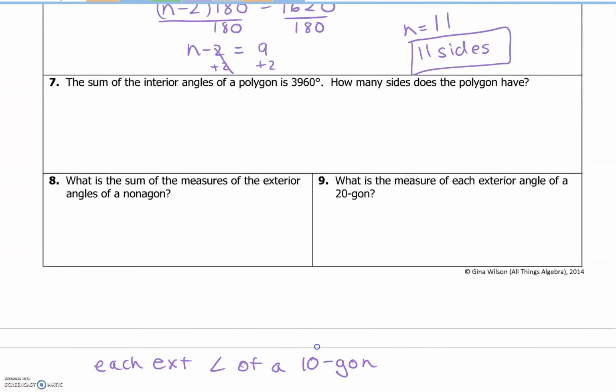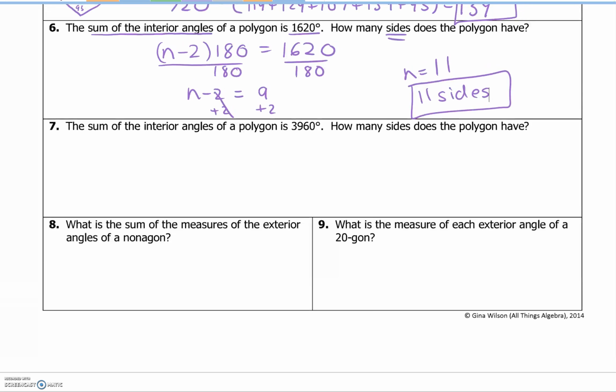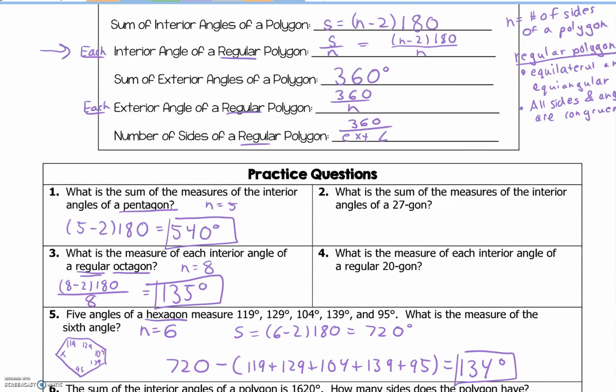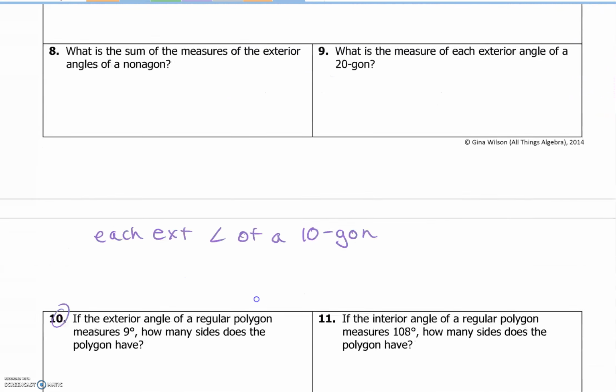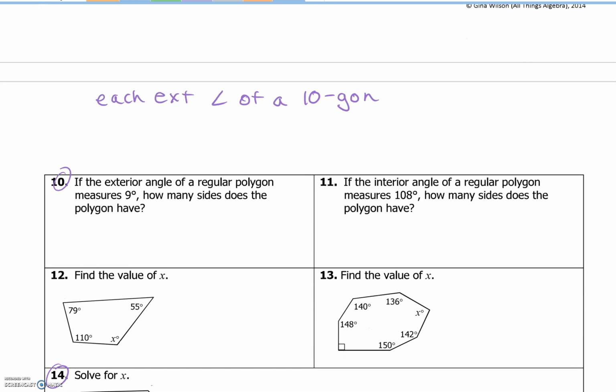Sorry about that flip there. I'm going to skip past 7, 8, and 9. Just a hint on 8 and 9, you're going to want to look up at your formula sheet again, so we'll scroll up there again. You're going to be looking at probably these three: sum of exterior angles, each exterior angle, and the number of sides of a polygon. We're going to actually use a couple of those to do one problem I've made up myself, and number 10.